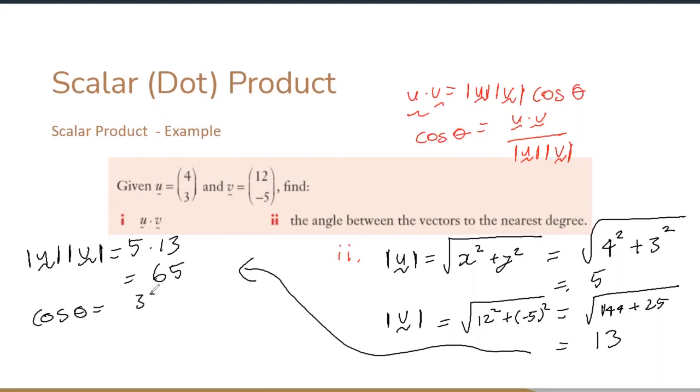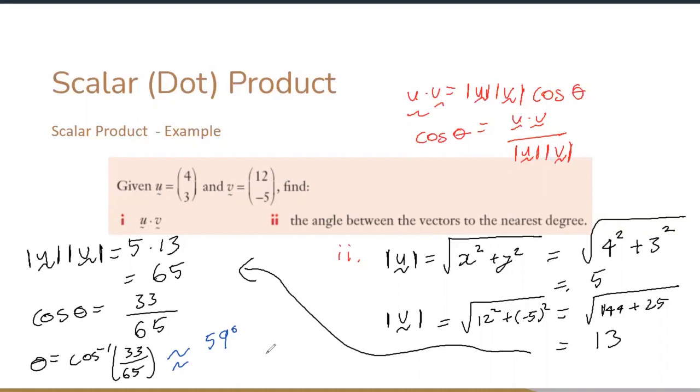So we've got 33 over 65. So we can rearrange this for theta. So theta is equal to inverse cos of 33 over 65. And finally, we put that into our calculator and we find that to the nearest degree, this is approximately 59 degrees. So that means there's about 59 degrees between those two vectors.